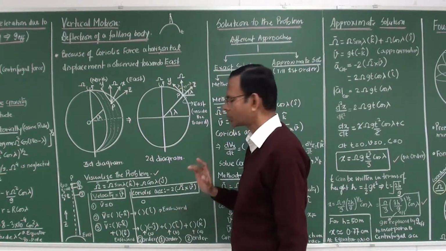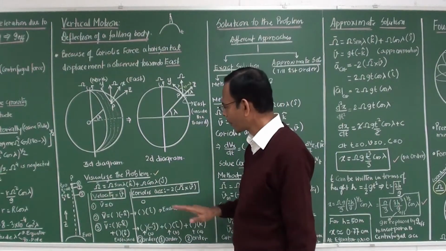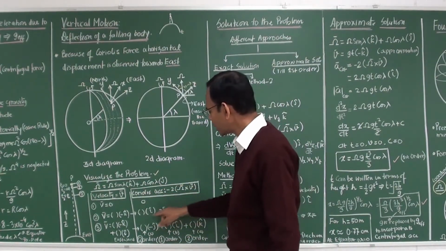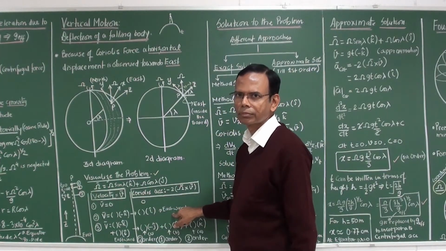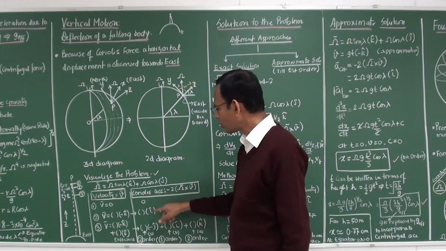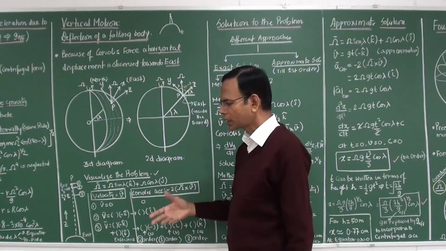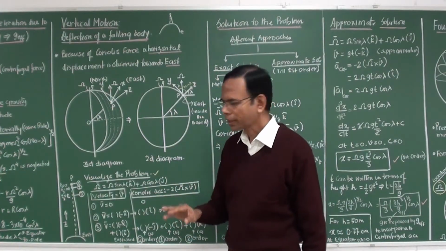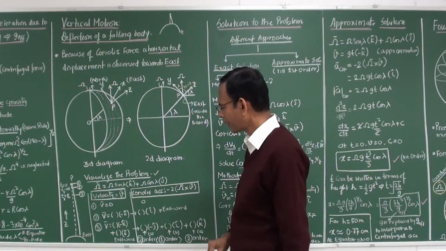That means eastward. So the Coriolis acceleration, because of this Coriolis force, is eastward. That means there is a velocity in the eastward direction, in the i cap direction.